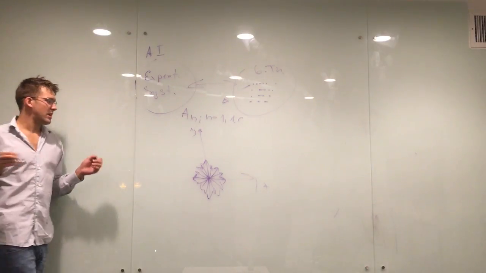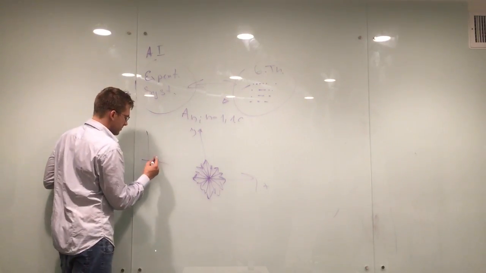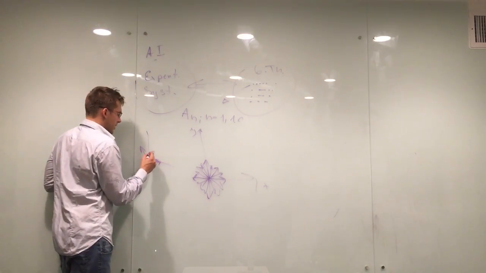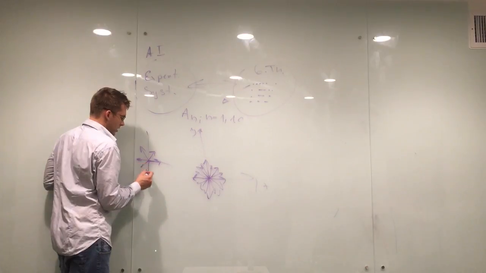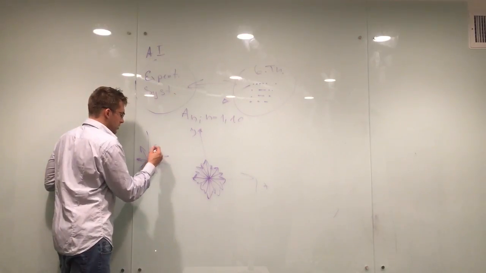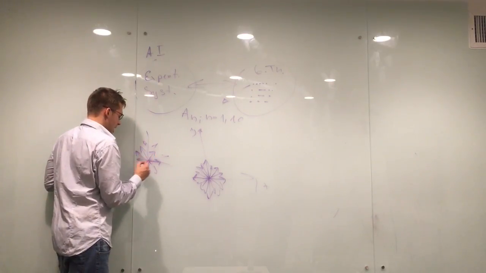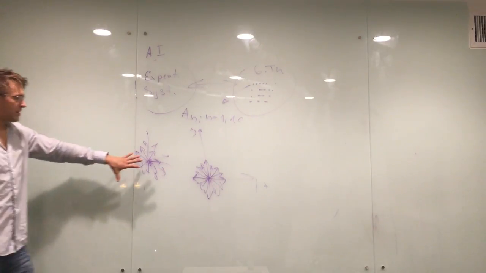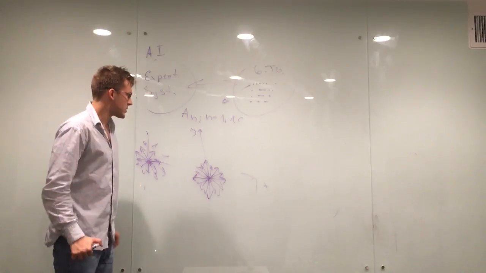Then the B series would give us some other thing. Maybe something here, maybe here, and then maybe two longer vectors. And all of these would give us different pictures.